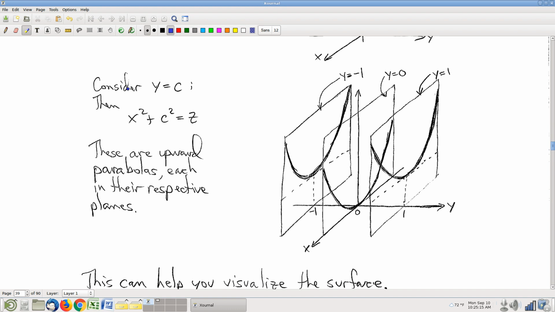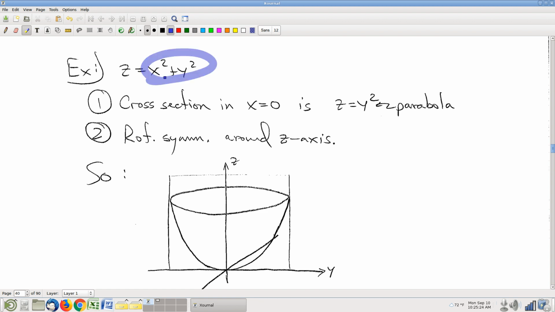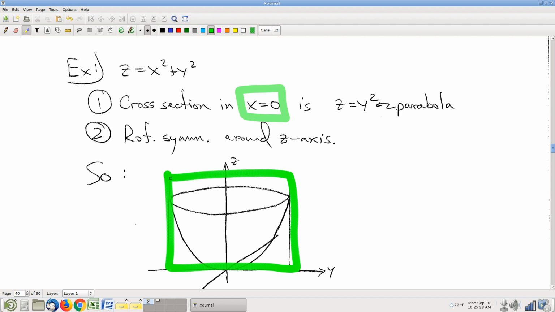So that's hard, but the argument here is easy. I observe, by the way, look how x and y appear in this equation. They appear only in this special form, and therefore, this thing's rotationally symmetric around the z-axis. I therefore only have to look at one cross-section. I'm going to look in the cross-section where x is equal to 0. That's that plane.